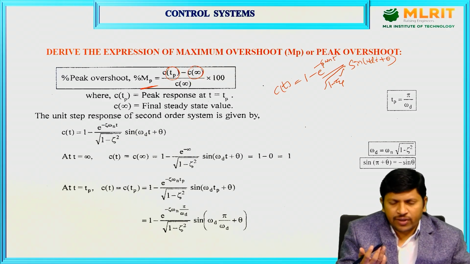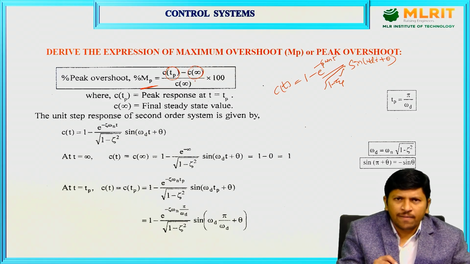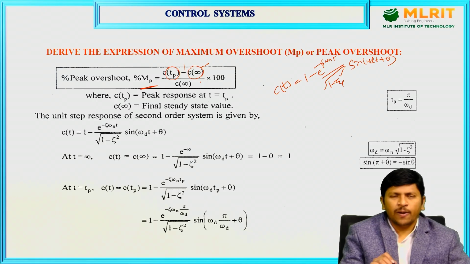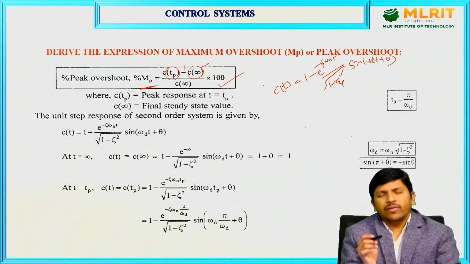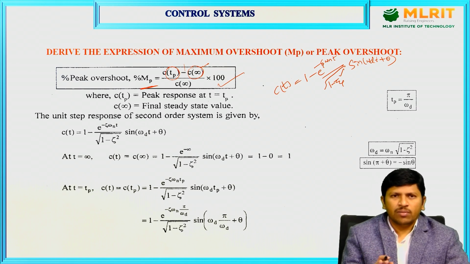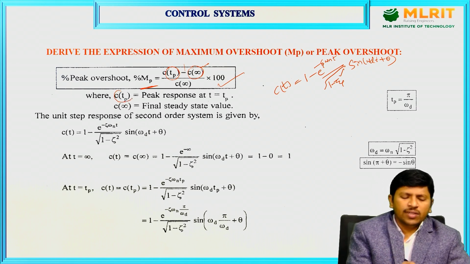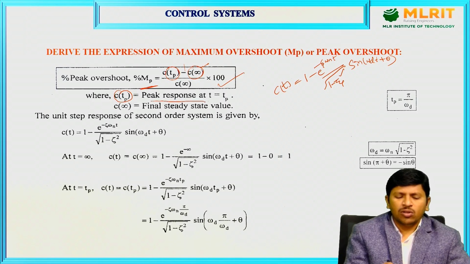For percentage, multiply with 100. Here c suffix tp is nothing but the peak response at t equals tp, and c of infinity is the final steady state value.